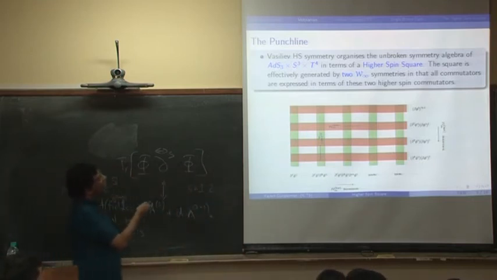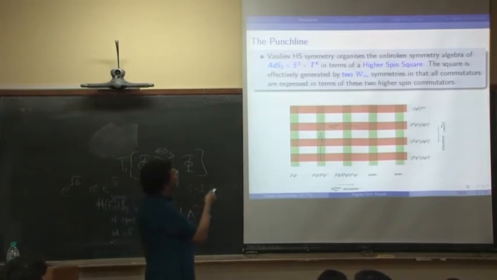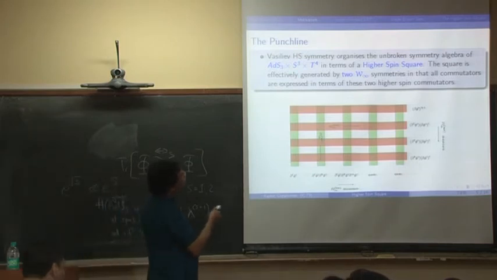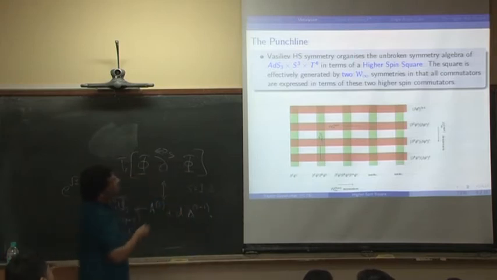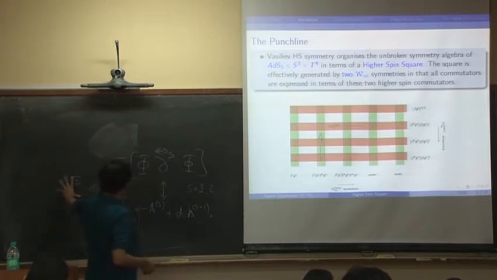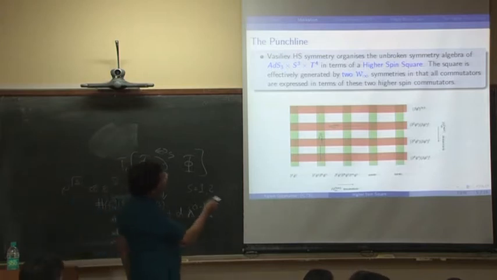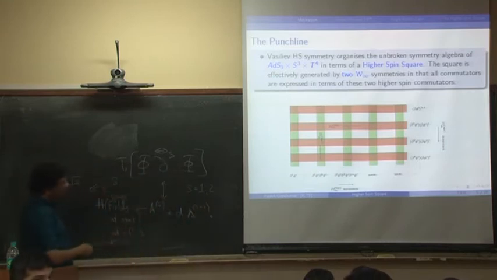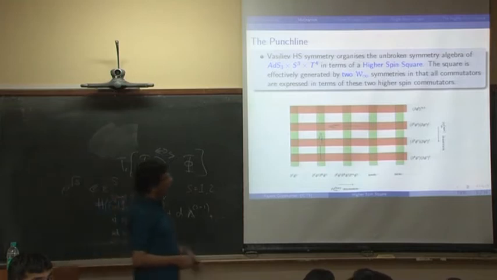If you look at a particular background involving AdS3, as I said, times the sphere and T4, the unbroken symmetry algebra can be organized in terms of the Vasiliev higher spin symmetry into this higher spin square. So the symmetry is exponentially larger, but it's effectively generated by two higher spin symmetries, or W-infinity symmetries as they are called.